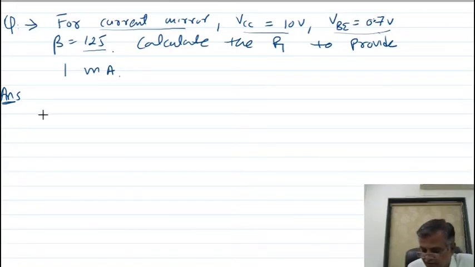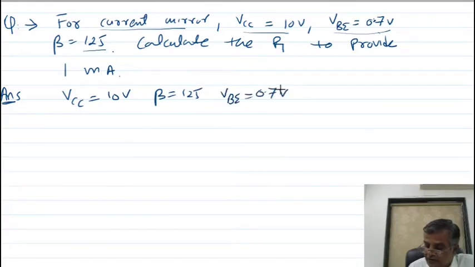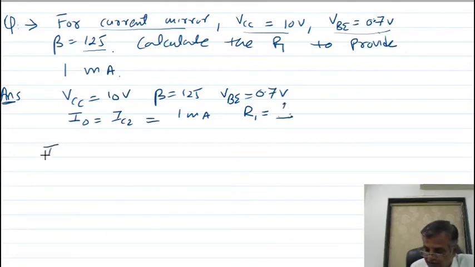It's very easy. We have written it just now. First you write the data. What data is given to you? VCC 10 volt, beta is 125, VBE is 0.7 volt, and how much constant current do you want? This IO or IC2, I want 1 milliampere. Find the value of R1. We know the equation: IO is equal to beta upon beta plus 2 into I reference.